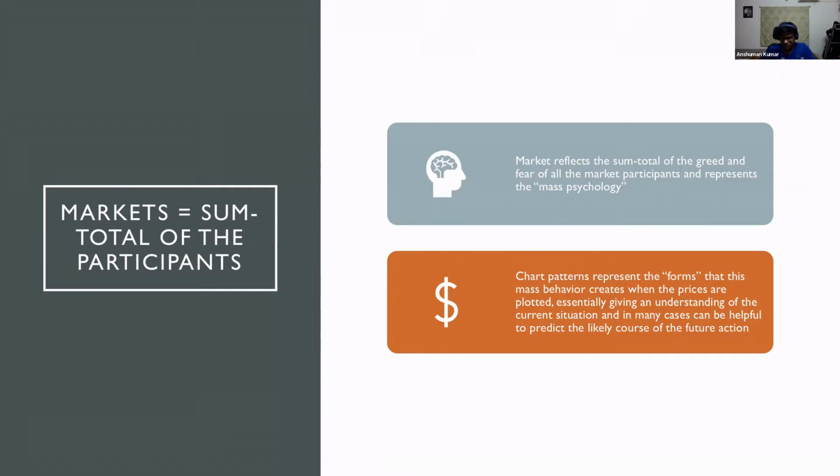Just like you have an individual trader who has his own specific likes and dislikes and his own psychological traits, the market also has its own psychology, which is basically a sum total of all these market participants put together, and that is mass psychology. What the charts are doing is representing, in those shapes, the total psychology of all the participants put together. So when I say that, what do I really mean by it?